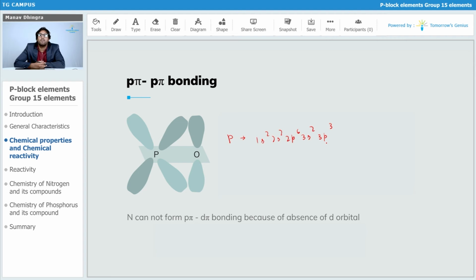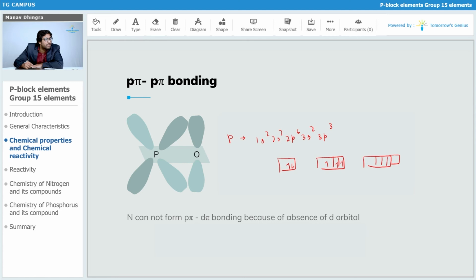That is the electronic configuration of phosphorus. Now, phosphorus can make up to 5 bonds, right? 1, 2, 3, 4 and the fifth.